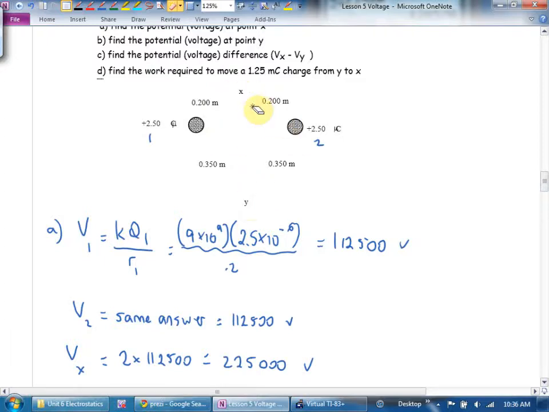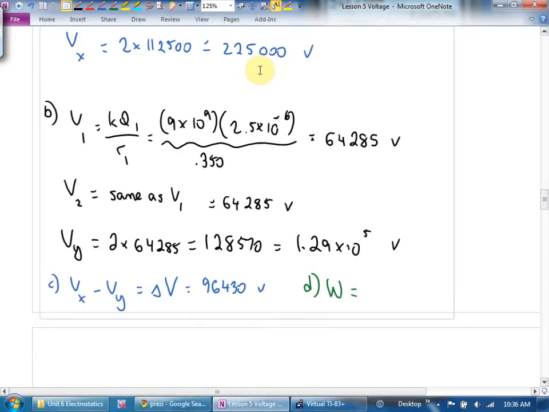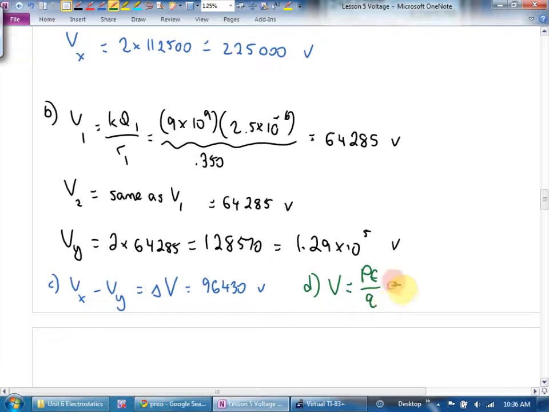We're going to use our definition of voltage. We said voltage was equal to energy per Coulomb. So if I want to find how much work, how much potential energy, QV.